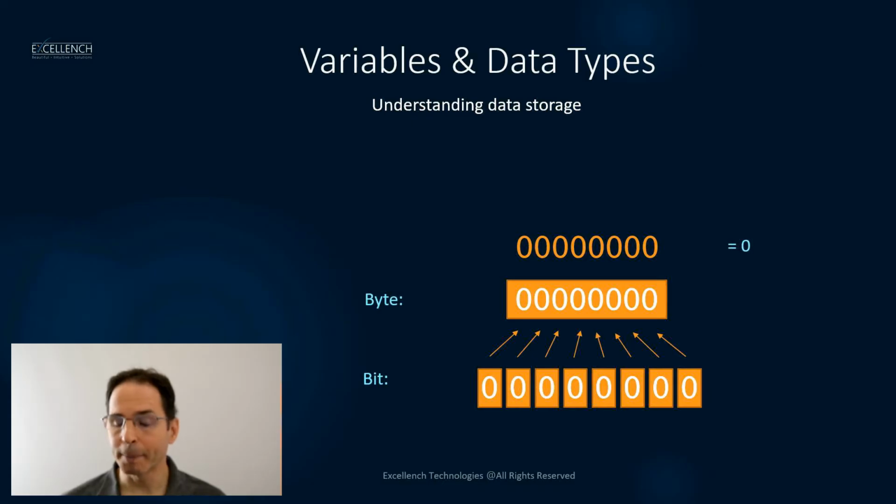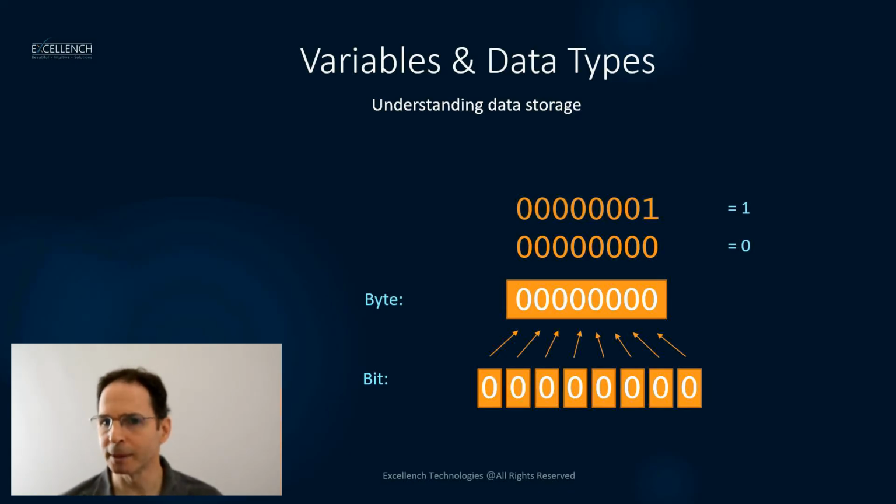If we take 1 byte with all 8 bits turned off, we define that to represent the number 0. If we turn on only 1 bit, the rightmost bit, we define that to represent the number 1.